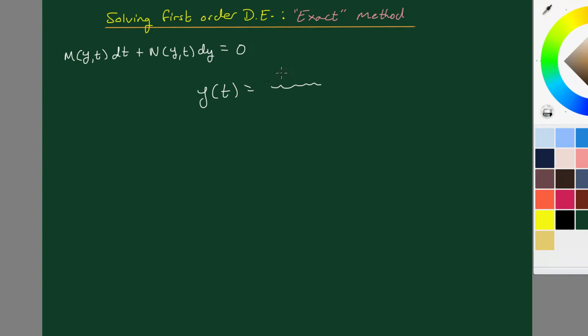Rather, it's going to look like a function F of y comma t is equal to some constant C. Okay, so we see that the y is implicitly involved in the solution. So we're going to be looking at how to solve this differential equation using the exact method to get an implicit solution like this.